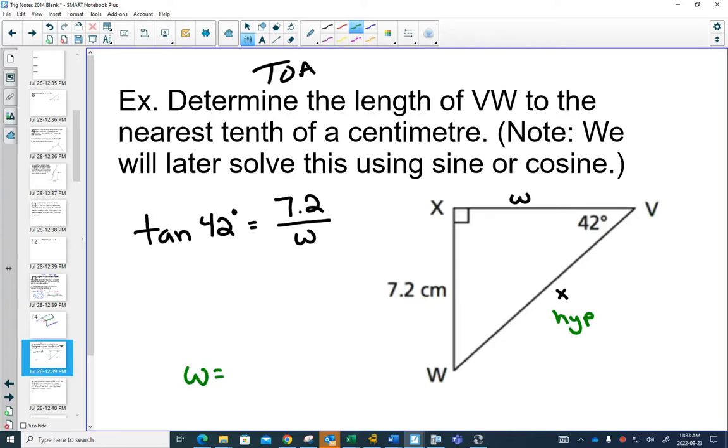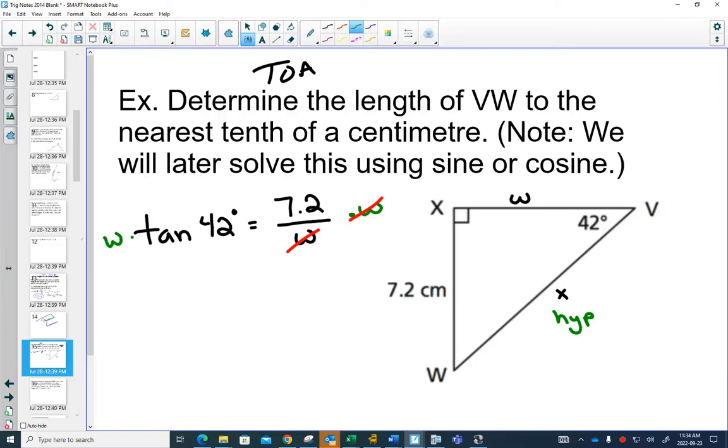That W, when it's equal to something all by itself on one side, isn't on the bottom of a fraction. So our first step is how do we get rid of something on the bottom of a fraction? What's the opposite of dividing? Multiply. So I'm going to multiply both sides by W. That would cancel out the W's on this side. But it doesn't get W by itself.